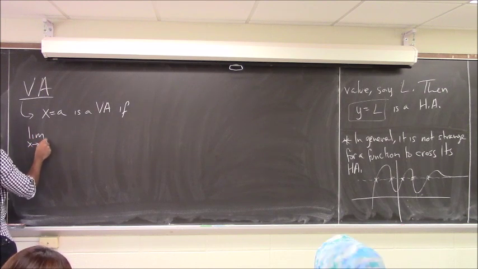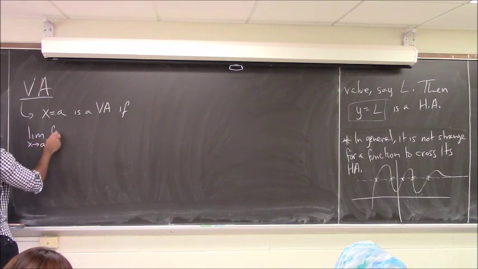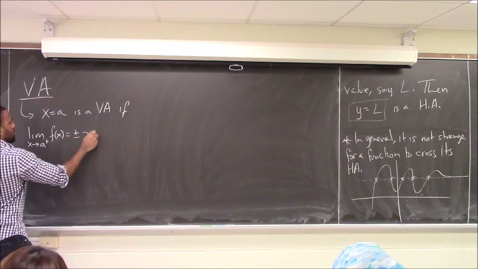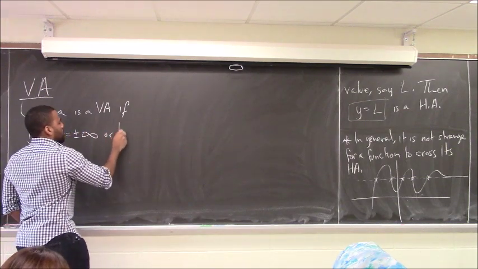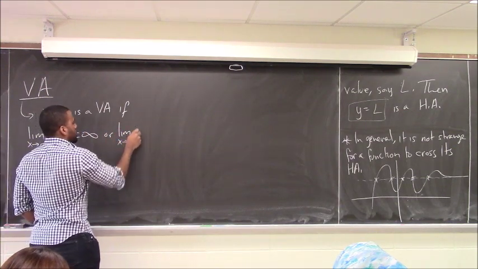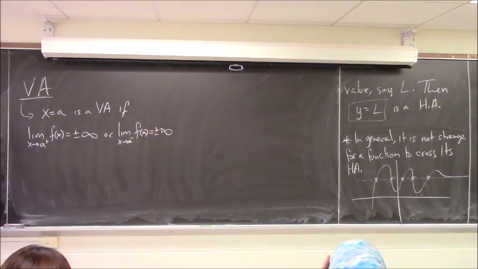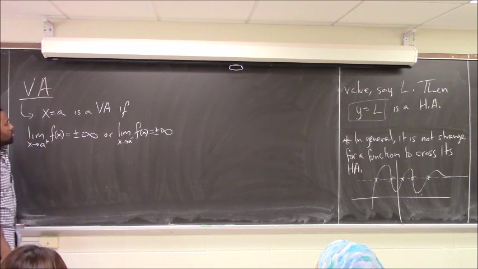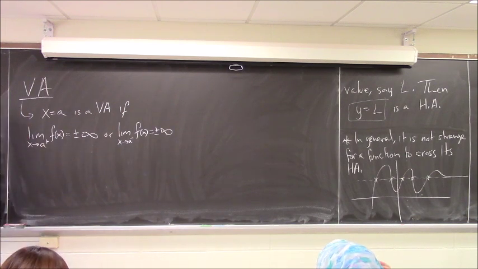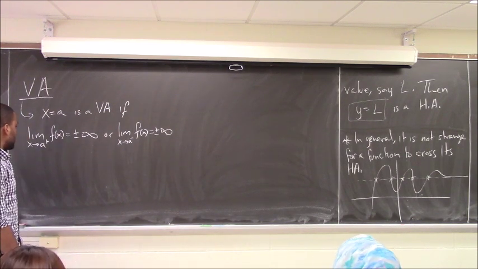If as you approach a from the right side of your function, the answer is infinite, or if you approach a from the left side of your function, the answer is infinite. Anytime one of these behaviors happens, you have a vertical asymptote.